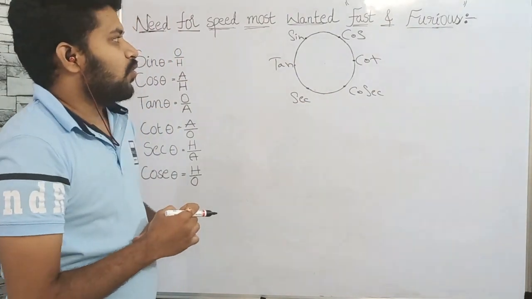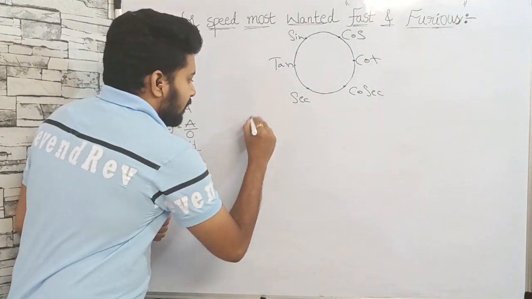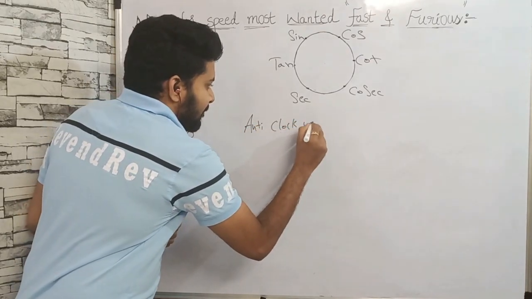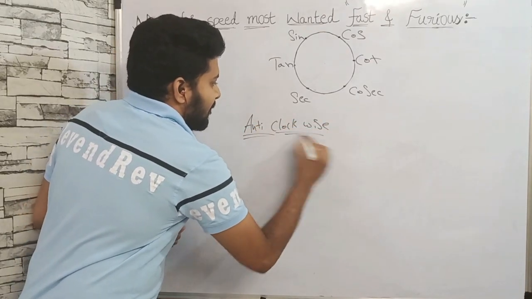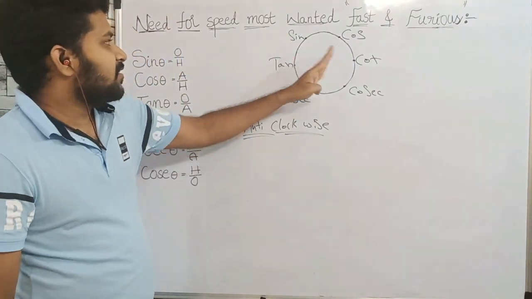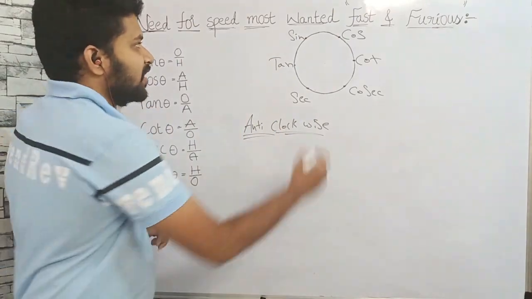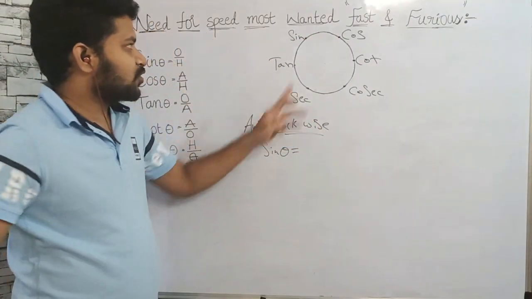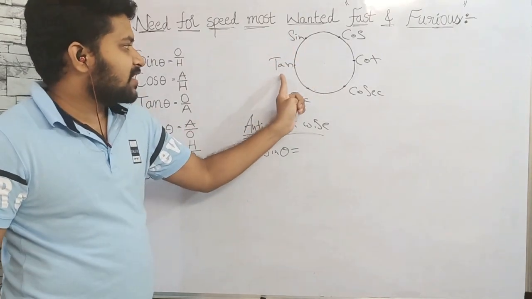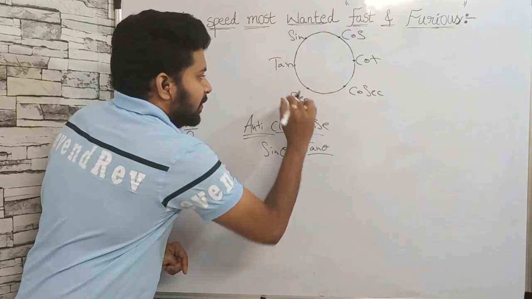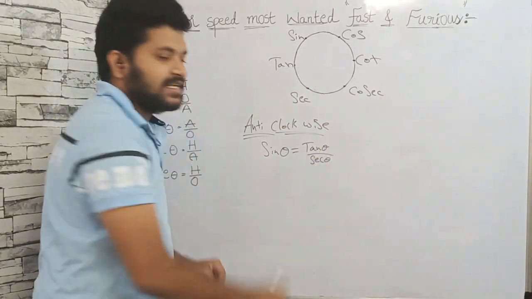So the first concept is anti-clockwise. If I am selecting sine theta, what is it equal to? Tan and secant. Sine theta is equal to tan theta by secant theta.